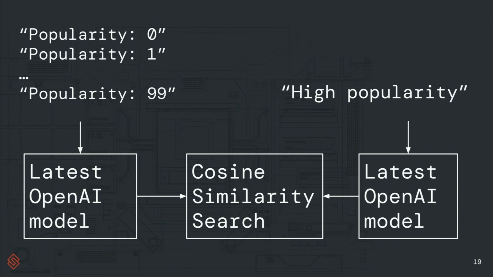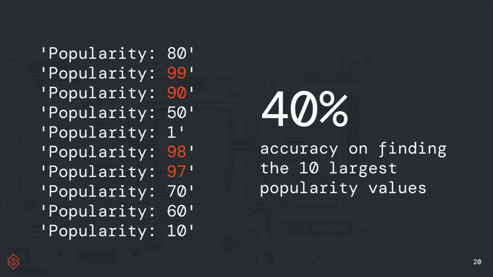You would hope that popularity 99 and 98 and so on show up in the results, highly popular items. But popularity 1 is in there. This doesn't work. Some of the above-90 items actually showed up, but it's a total mess. So please don't stringify numbers and encode them with the language model.